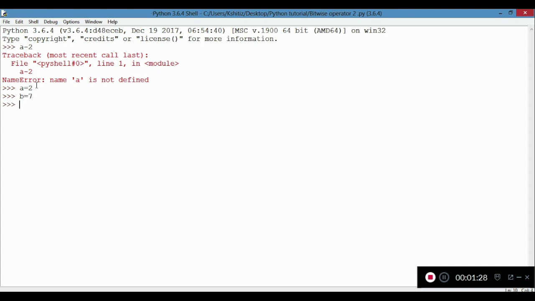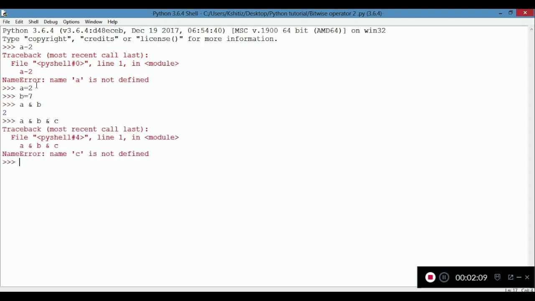So a and b would give us 2. This is how a and b performs, giving us a value of 2. Now you can use 3 operands also, so a and b and c.